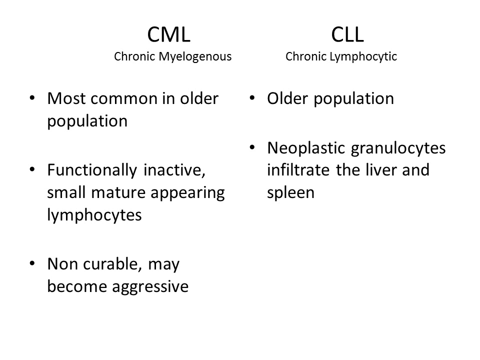All right, let's talk about the chronic conditions that we might see, the CML and the CLL. These are conditions that primarily affect the elderly. Let's talk about the chronic myeloid. It is a mutation of the myeloid stem cell.